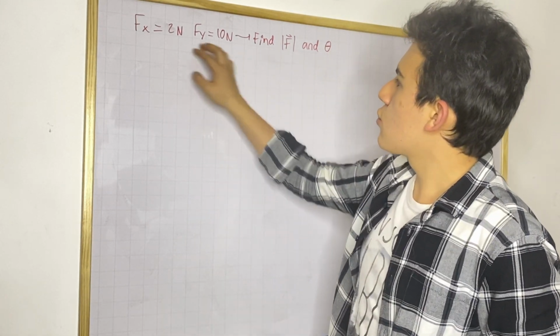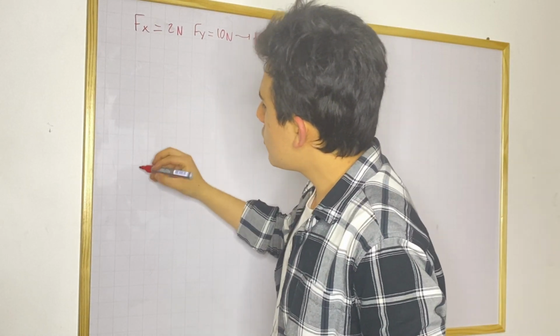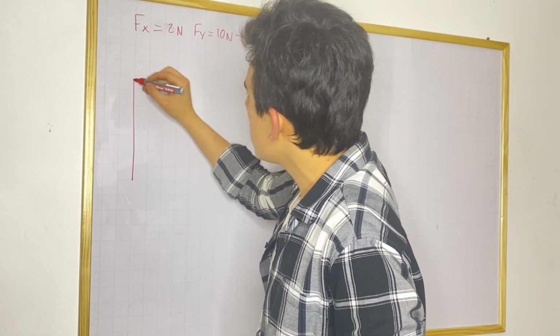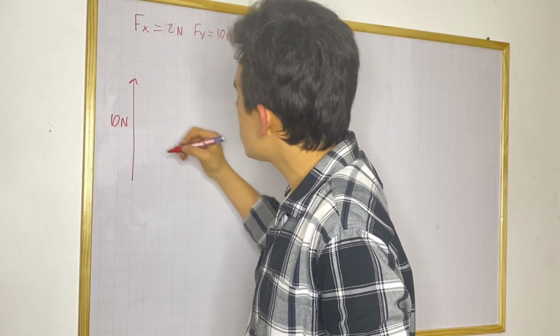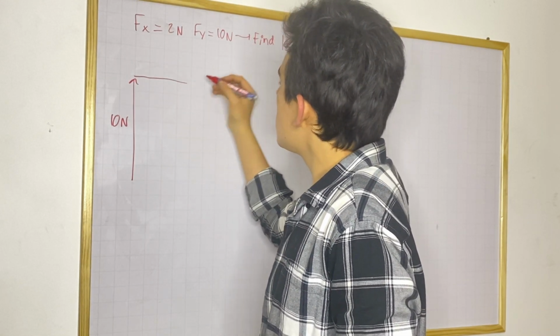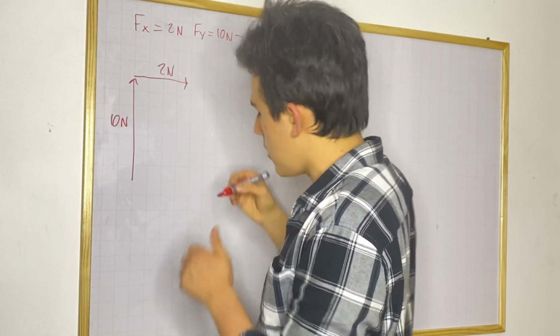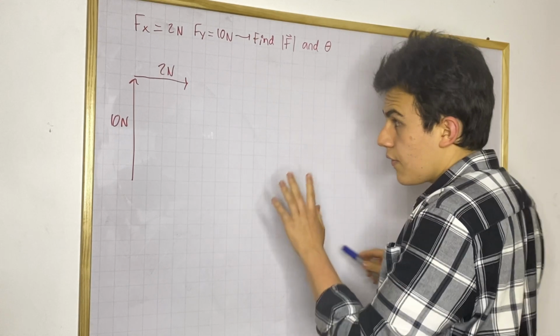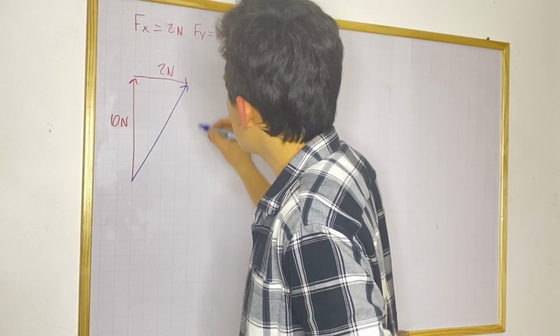First of all, we're going to draw the two vector components. So let's do first Fy, should be something like this, and this is going to be 10 newtons. And now let's do our horizontal, our x component, which is going to be 2 newtons, okay? And now our vector would look something like this, okay?